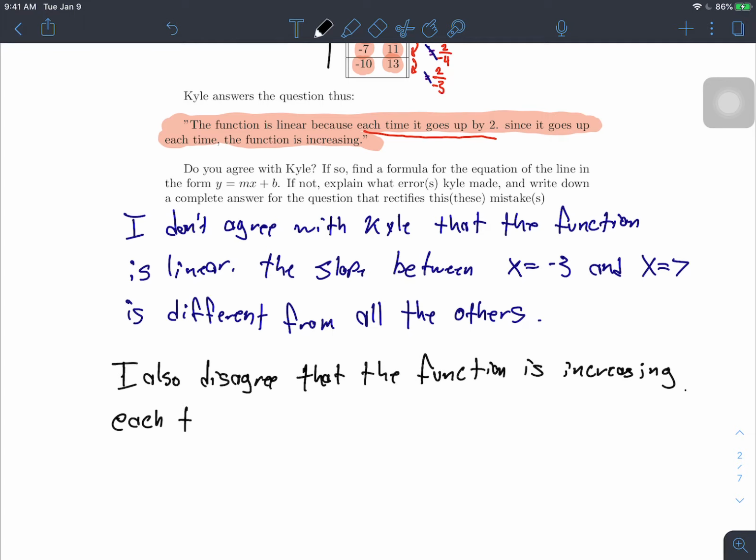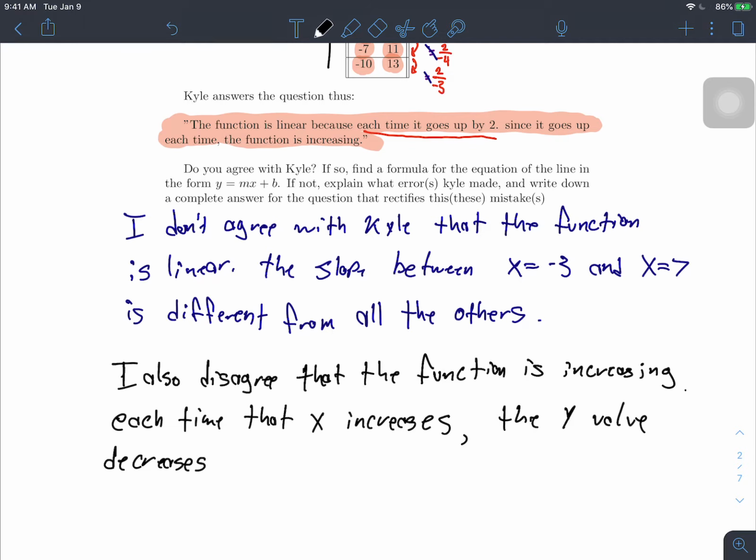Each time that x increases, the y value decreases. Therefore, the function is decreasing. Okay?